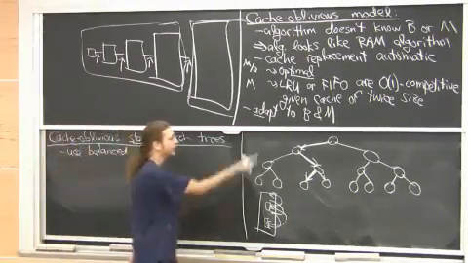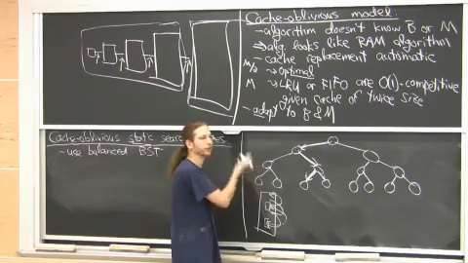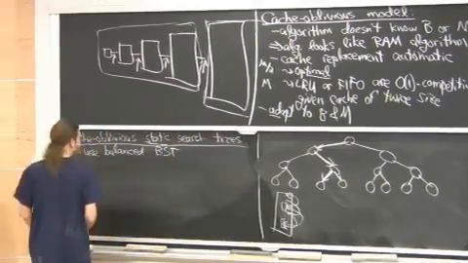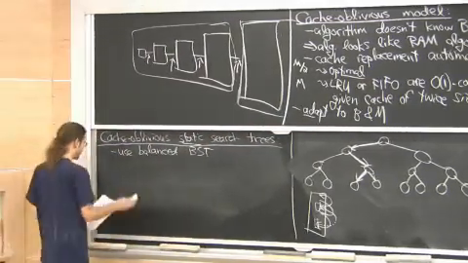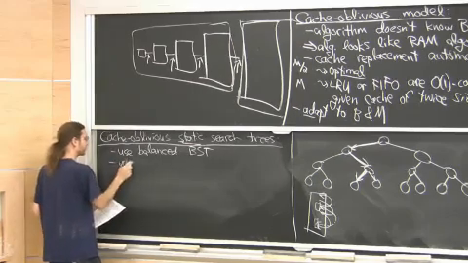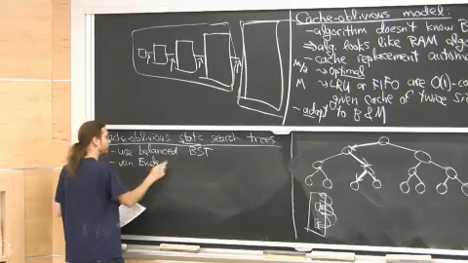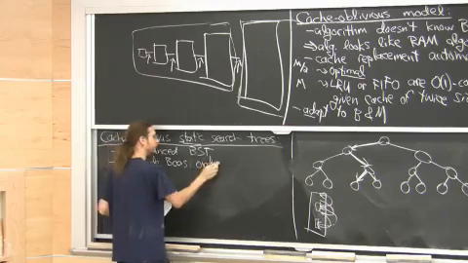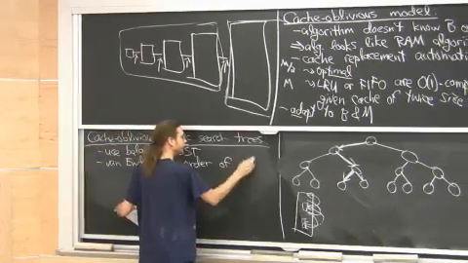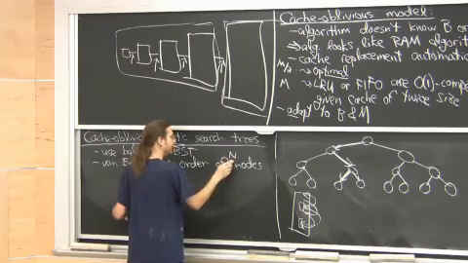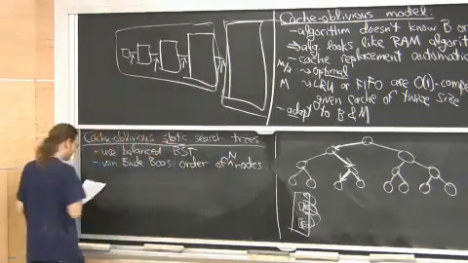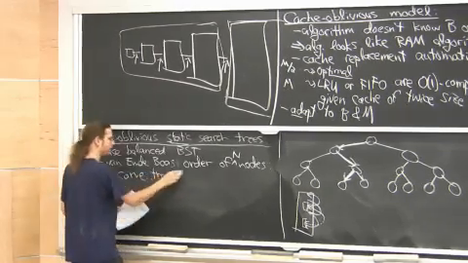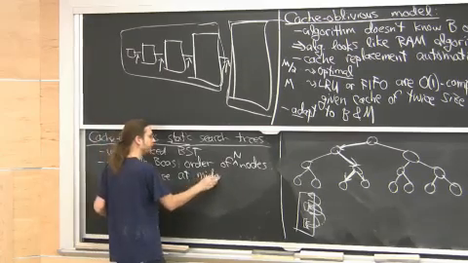Now you could try level order, you could try in order, pre-order, post-order. All of them fail. The right order is something called van Emde Boas order. So let's say there are n nodes. What we're going to do is carve the tree at the middle level of edges.